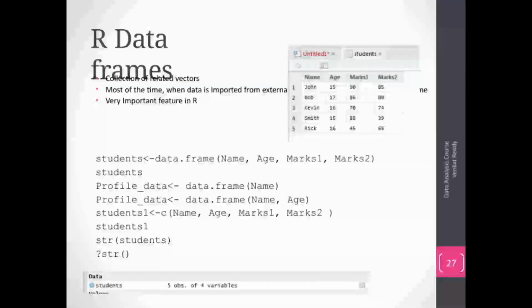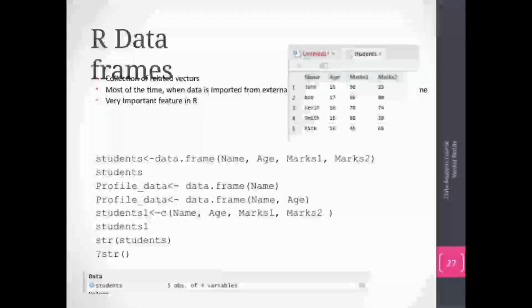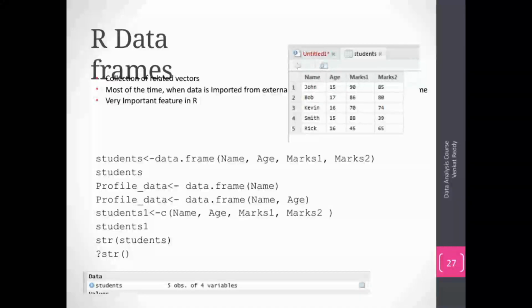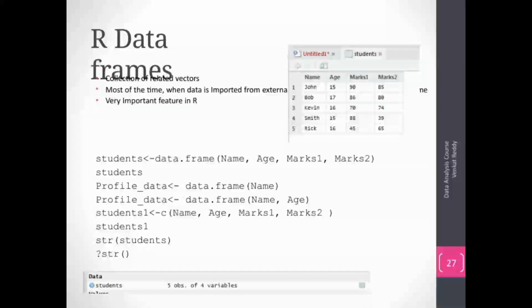We also have profile data, which initially includes just the names, and then we add ages to it with profile <- data.frame(name, age). This shows how we can modify or expand our data frames as needed. Additionally, there's a line where we try to combine name, age, and marks into students1 using c(). But that's not the right way to do it for data frames.